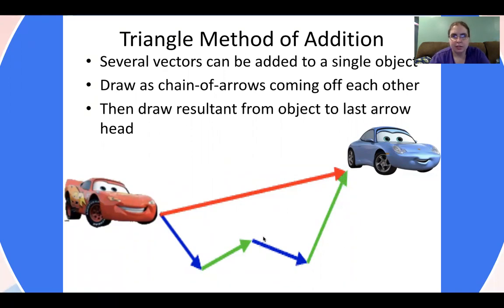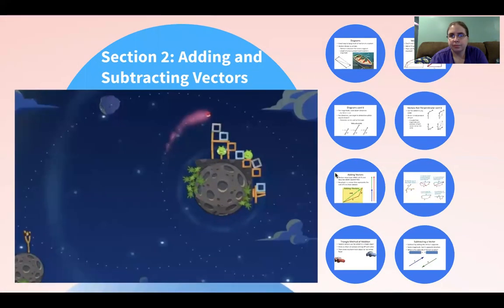You're going to draw them head to tail, so like chains. And then what you can do is take and turn them into right triangles, which is why it's called the triangle method. And then combine the different x and y values to find your resultant. We have a whole video on how to do that, so no worries, no stress.